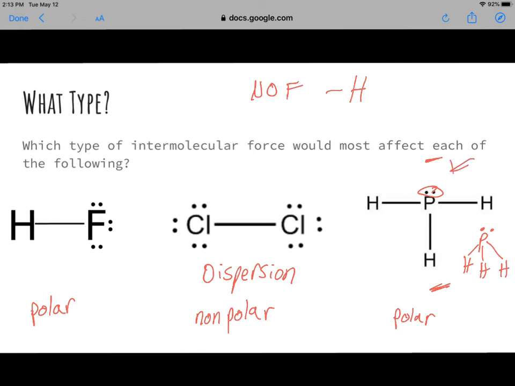This one does not. This one does, so this one is going to be forming hydrogen bonds with other HF molecules. This one is polar, but it doesn't have hydrogen bonded to N, O, or F. So that means this one will do the dipole-dipole force.